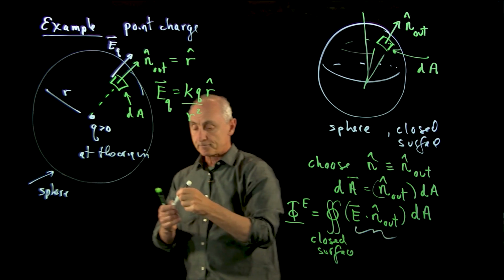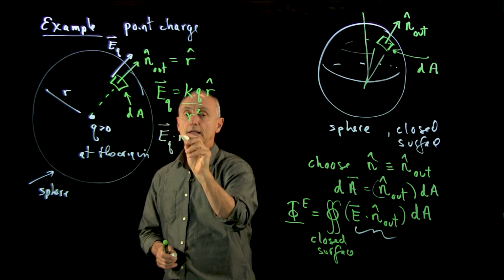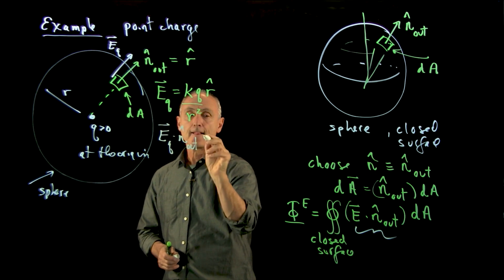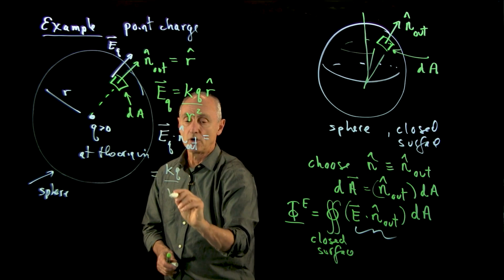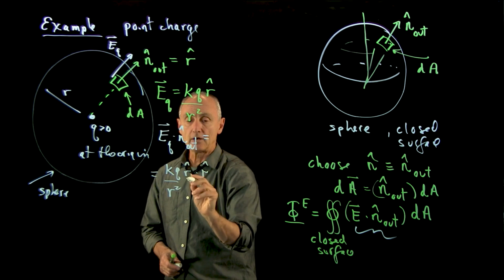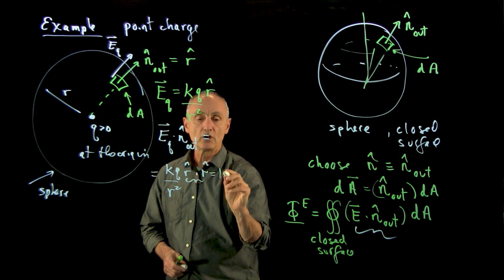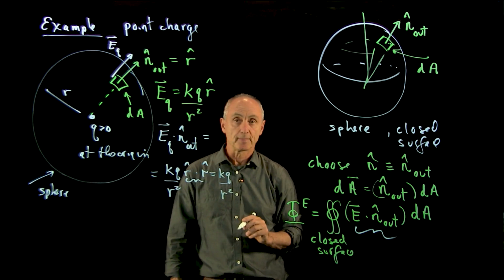And so now I can calculate this dot product. So my E of Q dot n hat is equal, I'll write it down here, kQ over r squared r hat dot r hat. And r hat dot r hat is 1, so it's simply kQ over r squared.